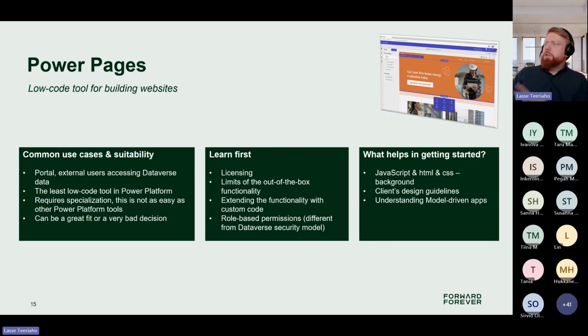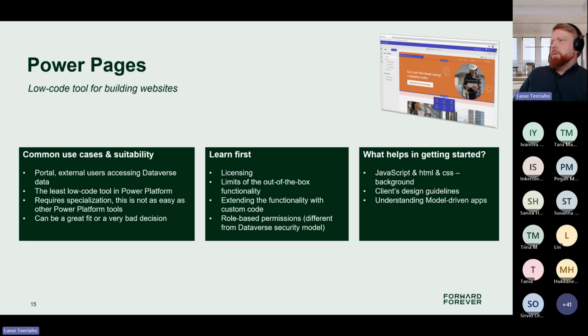So here you need to consider from time to time if the website should be built anyways in some other technology. But we have this in the stack, so it's worth looking at how you can build websites also with Power Pages. And what you should know about Power Pages is the licensing.